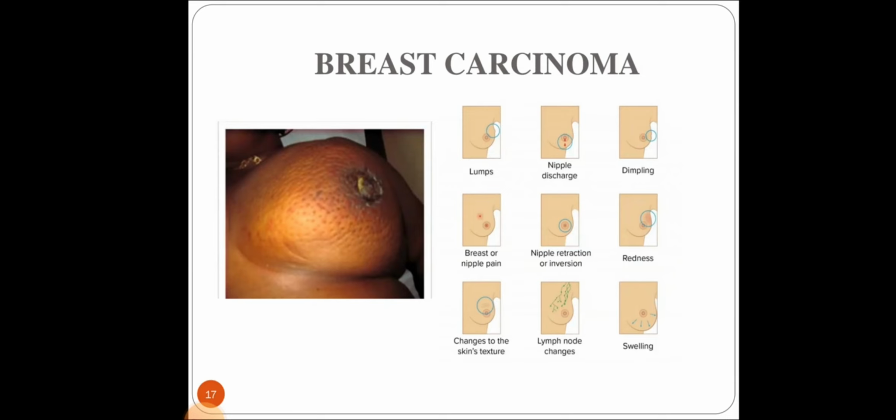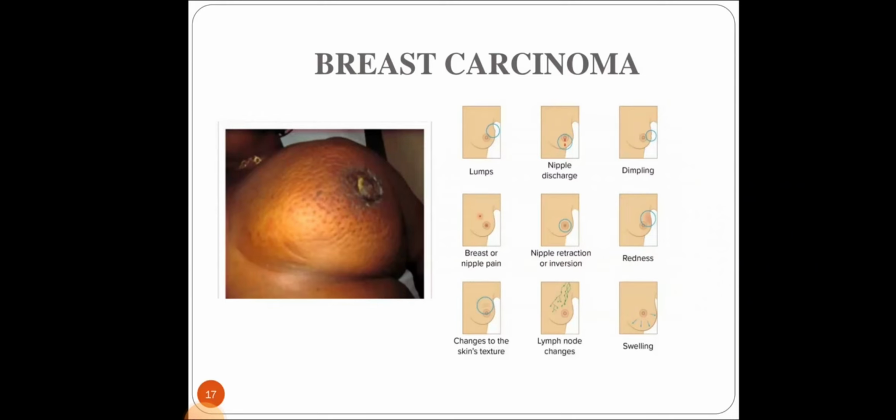Proper positioning of the patient is needed. The nipple has to be examined, to see whether, in ductal carcinoma and all, bloody discharge will be there, then retraction of nipple, whether there is retraction towards the tumor or away from the tumor, etc., that has to be noted.